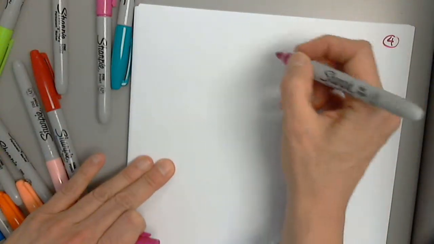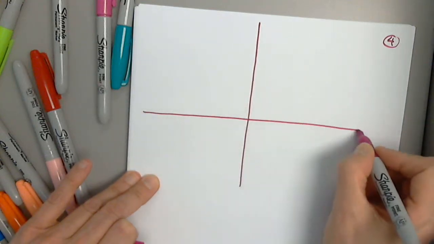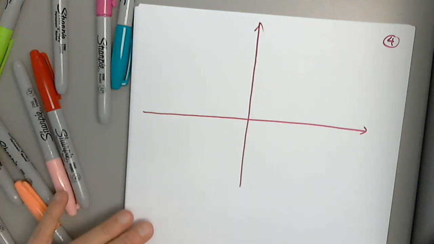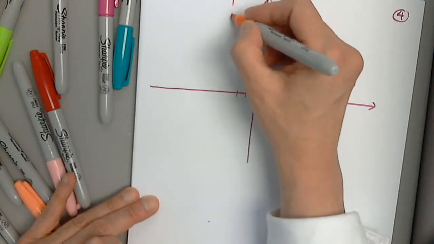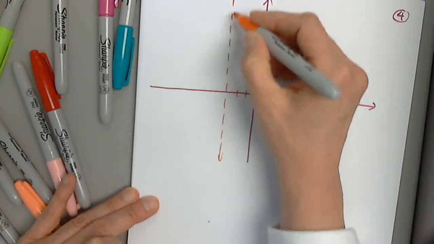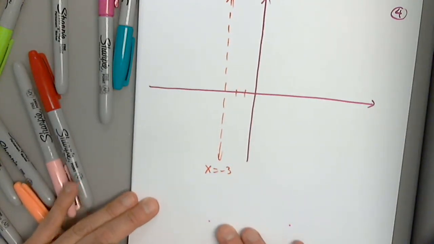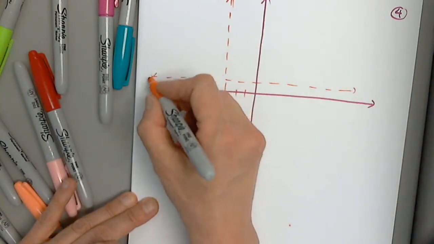Okay, ready to graph. What do we have to graph first when we graph a function with asymptotes? Always. We have to graph the asymptotes. The function has one vertical asymptote at negative 3. Do not graph it as a solid line, and a horizontal asymptote, y equals 1.